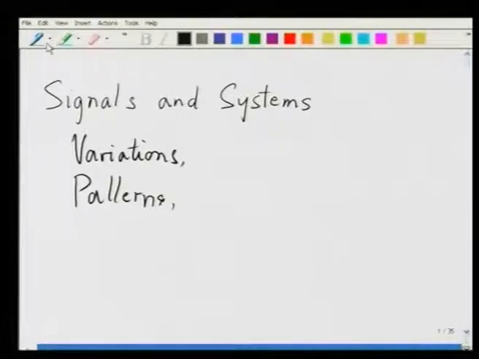Signals in general are changes of something, any quantity it could be, with respect to time or space or both.